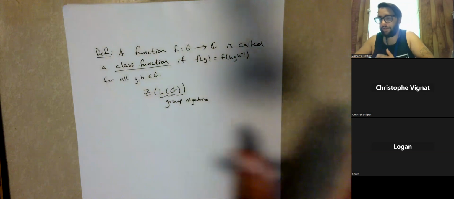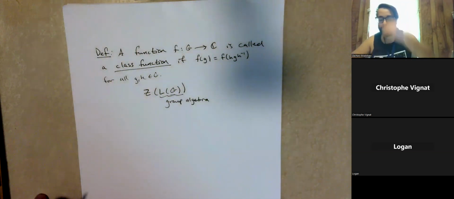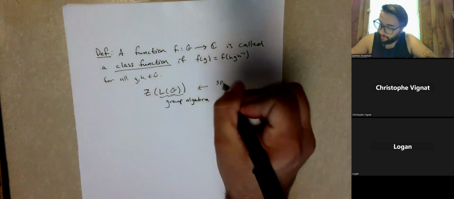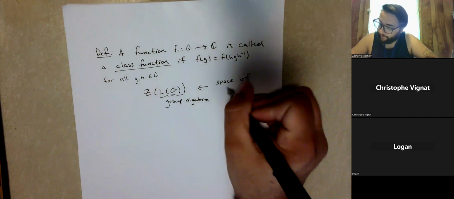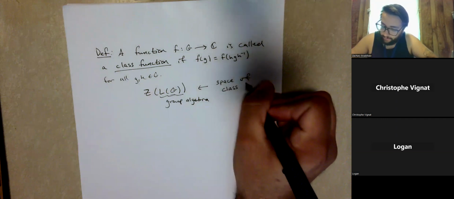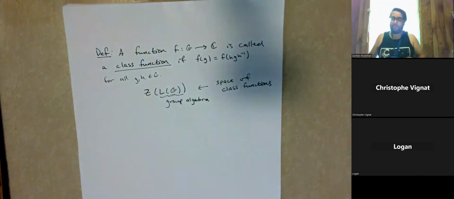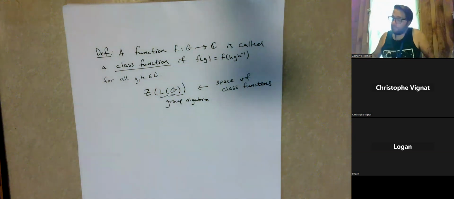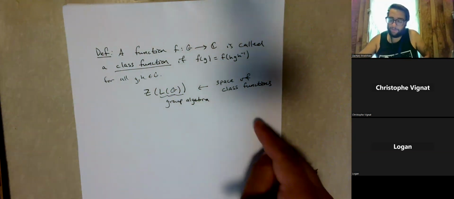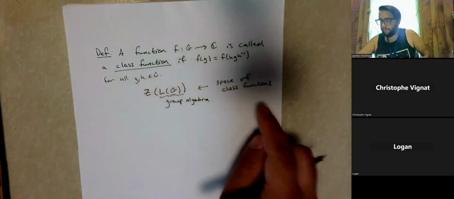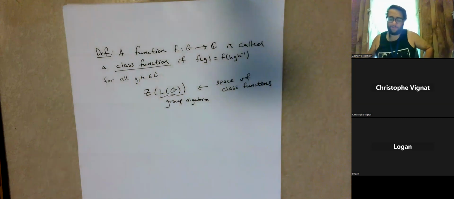And there's going to be a reason for that that we'll get to later. But this is, again, the space of class functions. Okay, so I won't prove it, but this is indeed a subspace of the group algebra. So you could prove that that's a vector space.